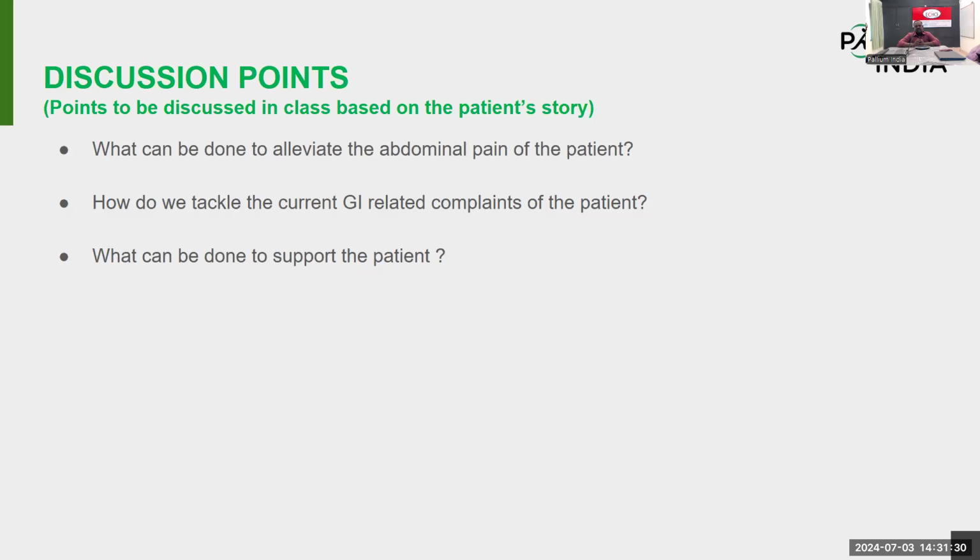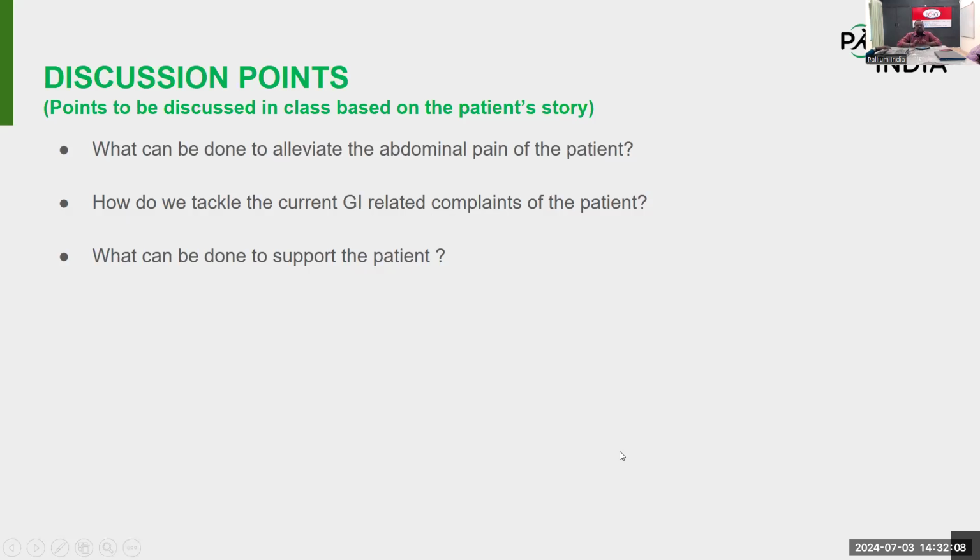One is it relaxes the intestinal smooth muscle, which will help to reduce the colicky pain, as well as reduce the secretion. But if you continue to give glycopyrrolate, the intestine will go into paralysis, isn't it? That will add to more functional obstruction. If you give a continuous infusion of glycopyrrolate, that can lead to paralysis, or it will add to constipation.